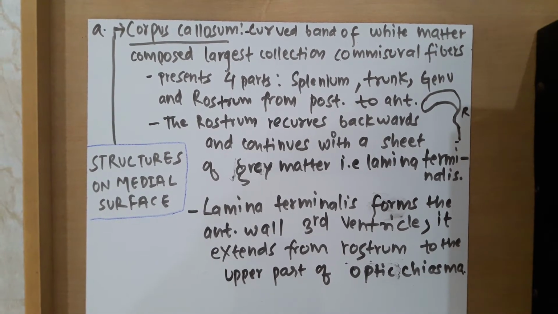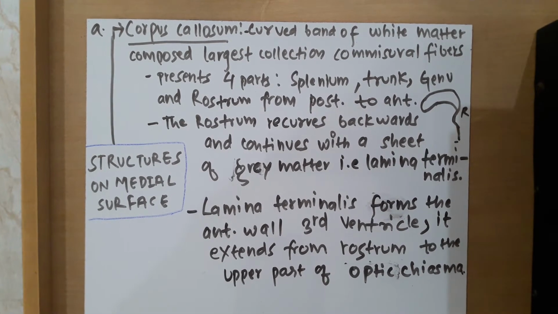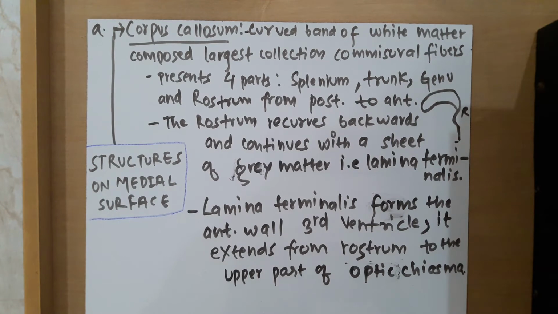Okay, so the next structure below corpus callosum is fornix, and in between the corpus callosum and fornix is the septum pellucidum. Okay, so we don't have space right now.